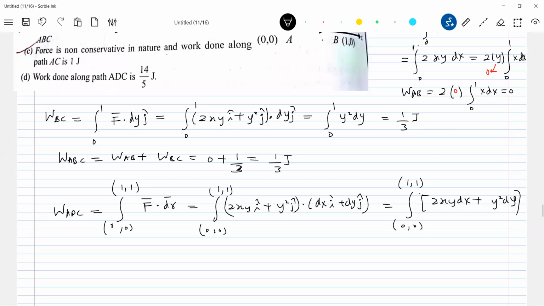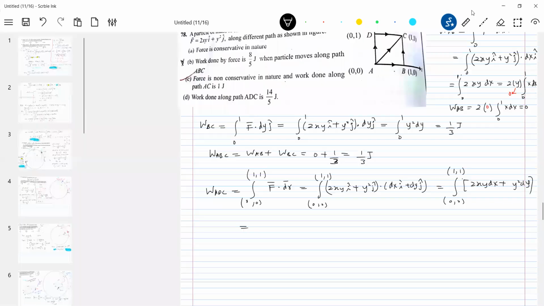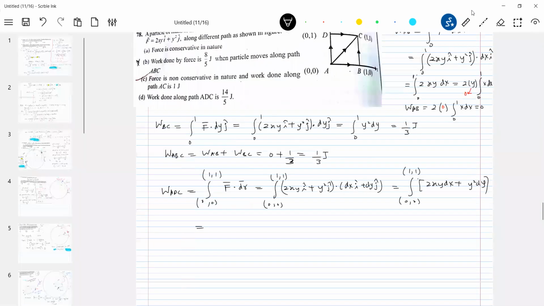Initially you are at 0, 0, and you are moving to 0, 1, then 1, 1. I'll show the diagram. Try to see that. First, you are at A. So first you'll move from A to D, no? So what is the limit? 0, 1 will come. At D also, what is the value of x? X will be 0 only. Then you are moving from D to C. What happened? The value of x will change. So first you are moving along the y-axis, no?